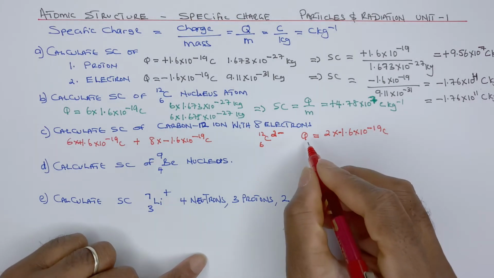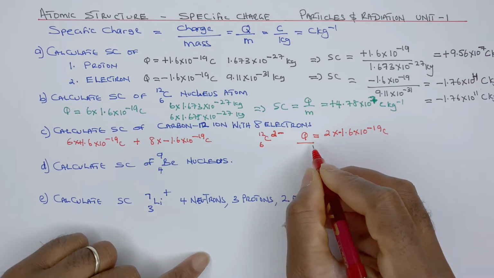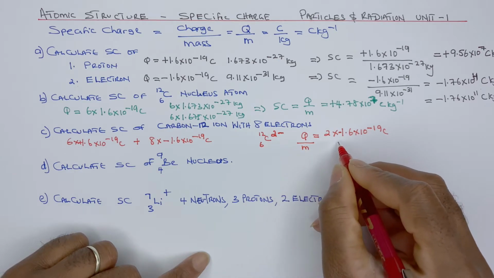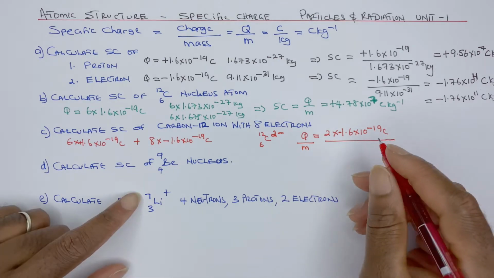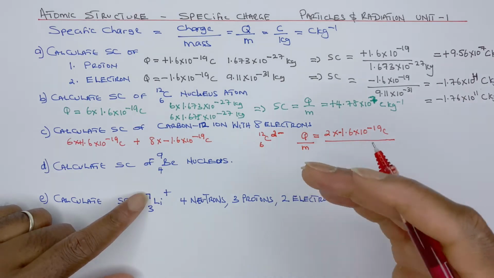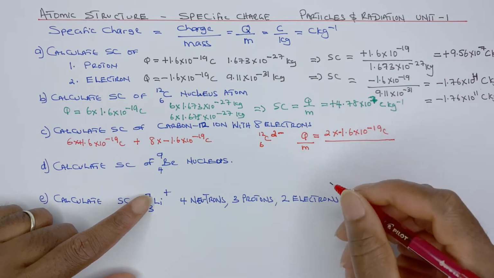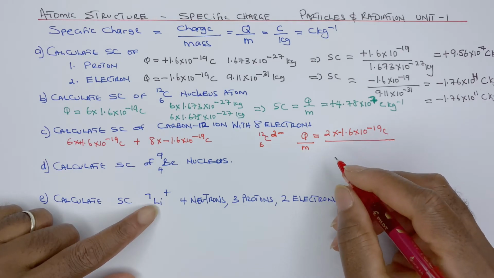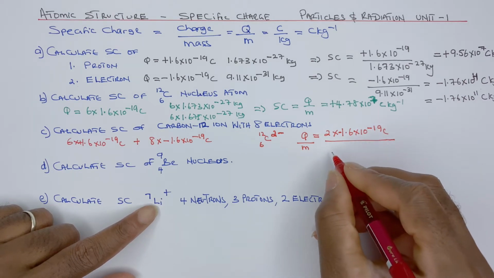And then we need to divide it by the mass. The mass in this case will be the mass of the whole thing. The mass of electrons is really low, so it doesn't have much effect, but we can put it in.